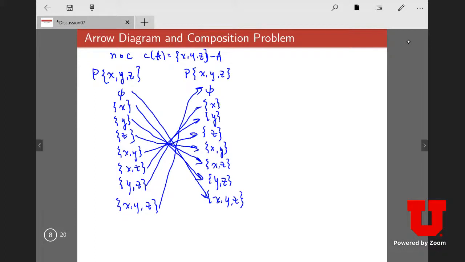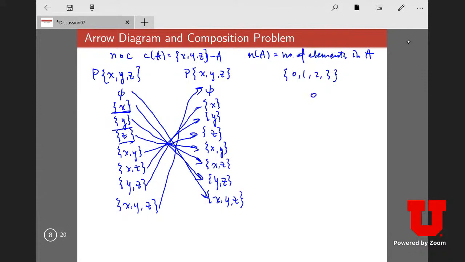Okay, and then now we have 0, 1, 2, 3 as the codomain, and then we define N to be the number of elements in A. Remember, A are these sets on the left. These are A's on the left.